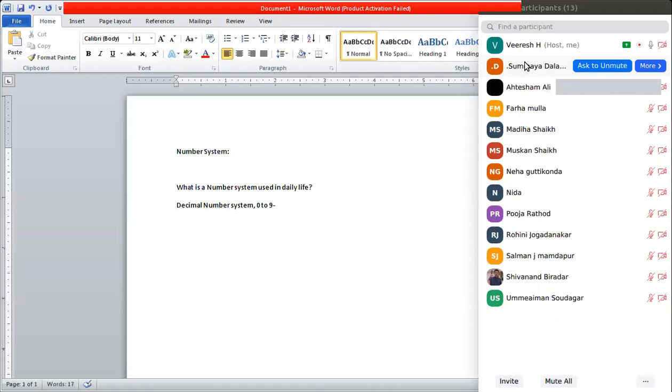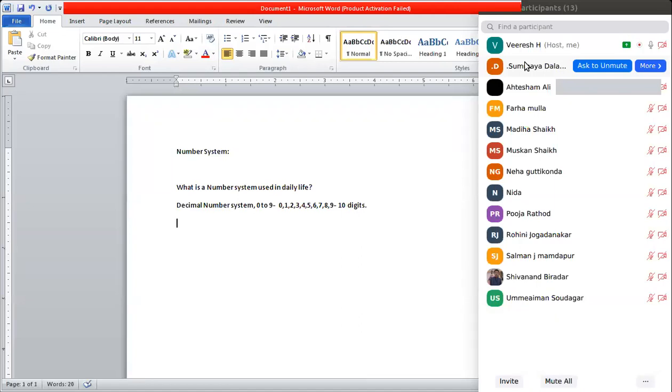So that is 0, 1, 2, 3, 4, 5, 6, 7, 8 and 9. So total how many numbers are there? Total of 10 numbers, 10 digits. Instead of a number, I'll call them digits. 10 digits are there, correct?